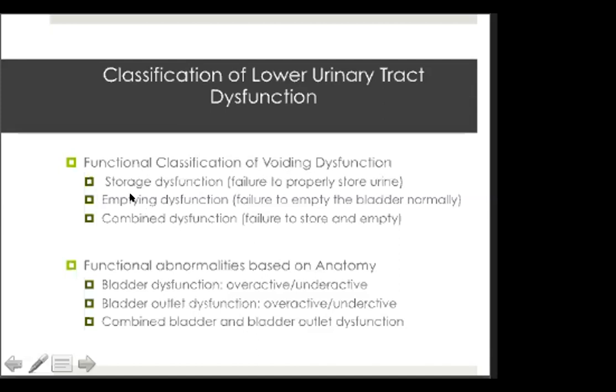And for the emptying dysfunction, we can also diagnose if the patient has a failure to empty the bladder normally, or in combination. For the functional abnormality based on anatomy: bladder dysfunction, overactive or underactive. For the bladder outlet dysfunction, overactive or underactive also, and then in combination.